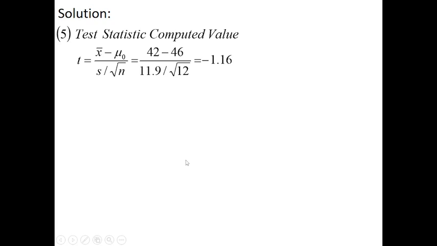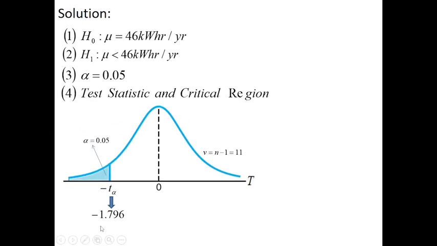We shall get negative 1.16. So let's see whether it is in the critical region or not. Negative 1.16, it's not in the critical region, right? It is in the non-rejection region. So we can now conclude.